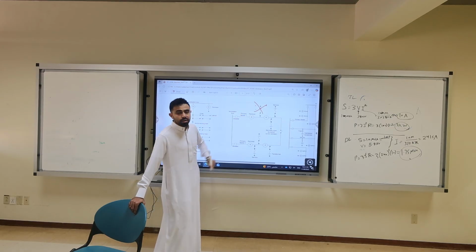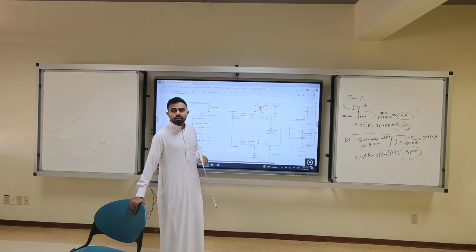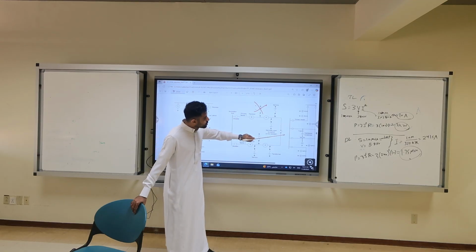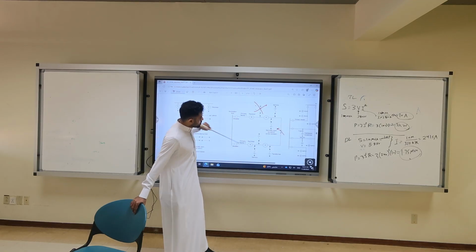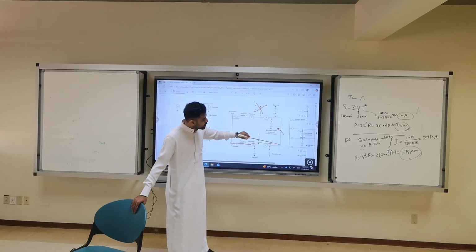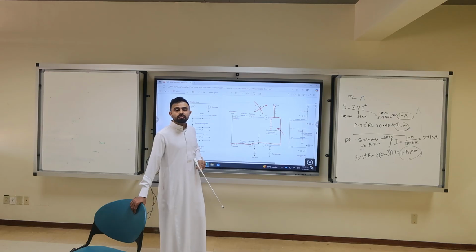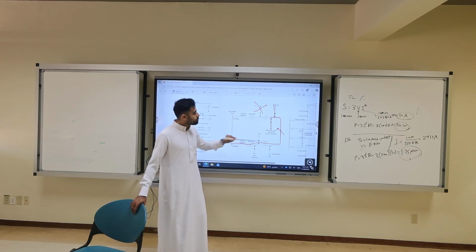Load 2, load 3, what will happen to them? They will not have any electricity. So the operation will go and close this switch so the electricity flows from the healthy line. So now even though there is an issue here, we improve the reliability.